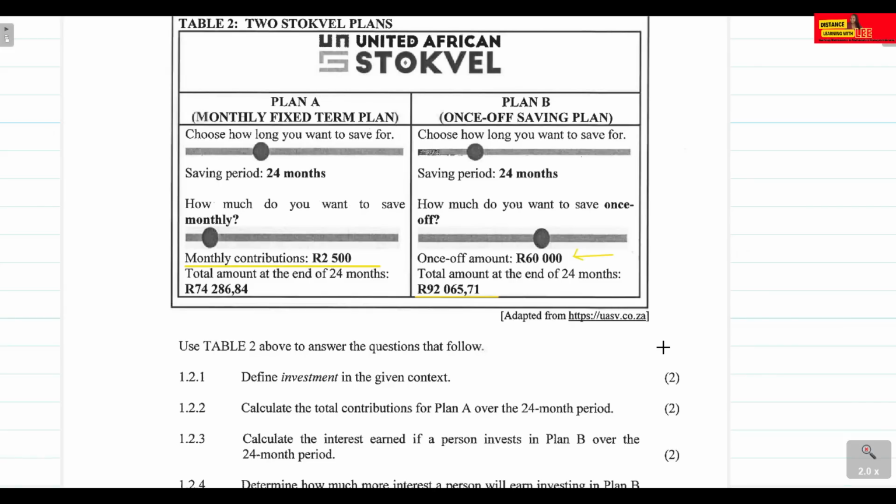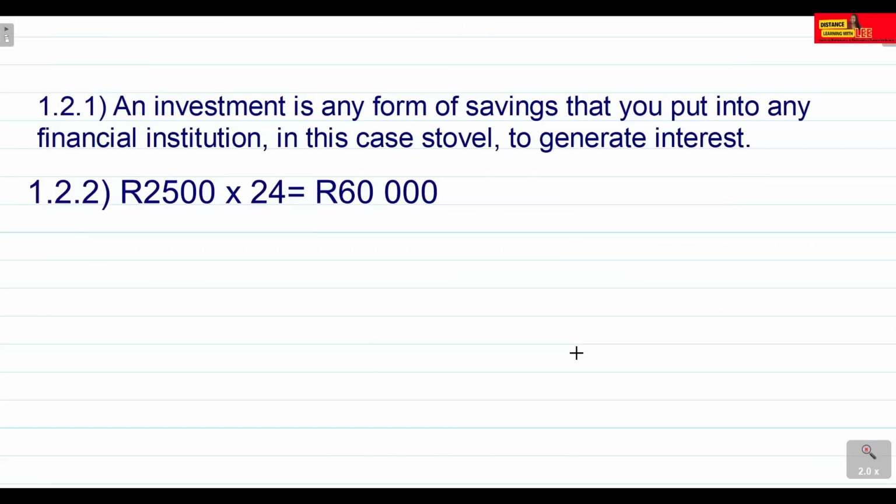All you need to do is take the money that you now have in your account at the end of the investment, and subtract it from the amount that you put into your account at the beginning of the investment, and the difference will tell you how much interest you have accumulated.